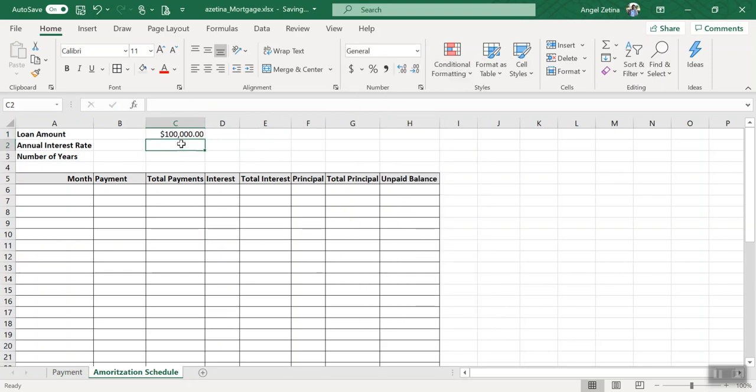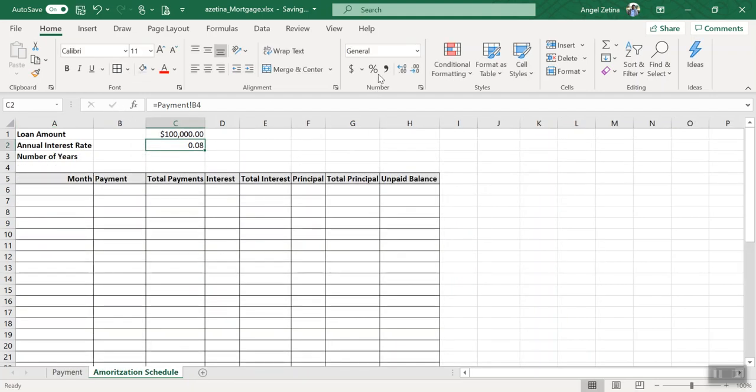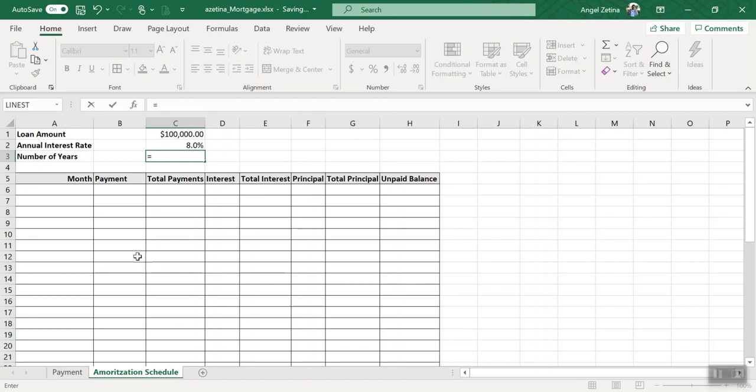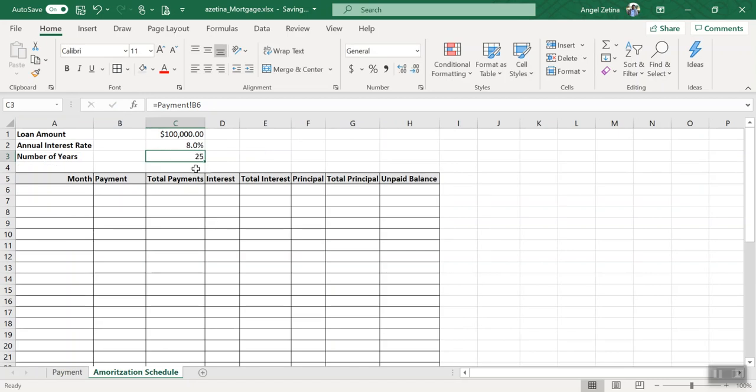The annual rate: equals, click on payment, and then the annual rate, which is 8%. Format it as a percentage. Add one more decimal place. The number of years: equals, again payment, and then select the number of years.